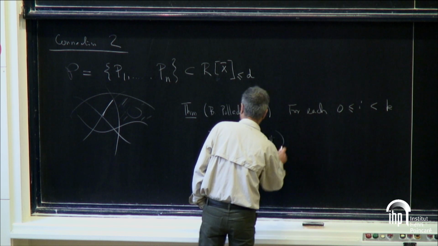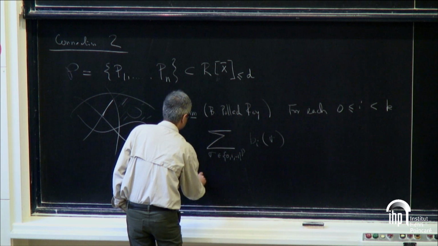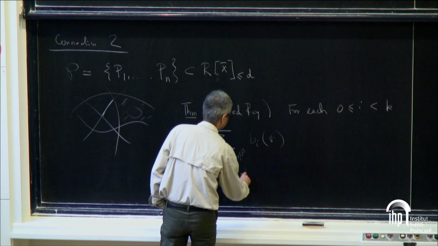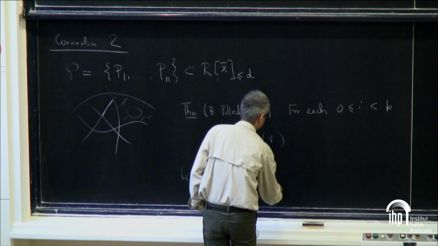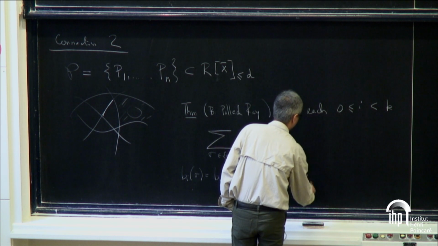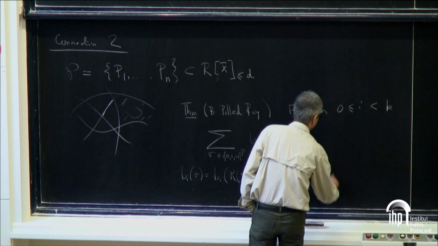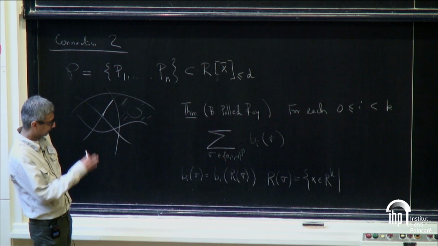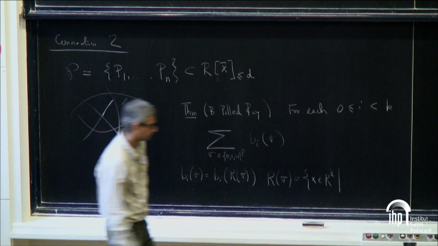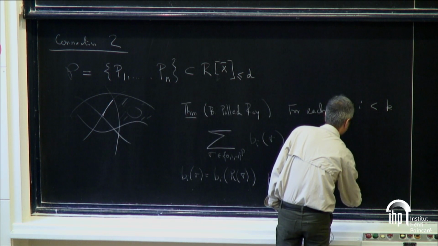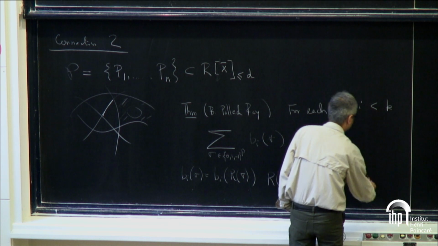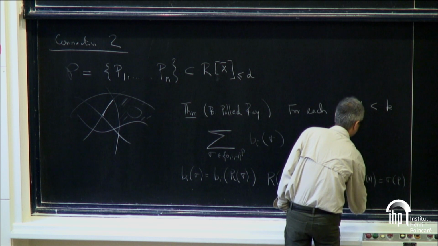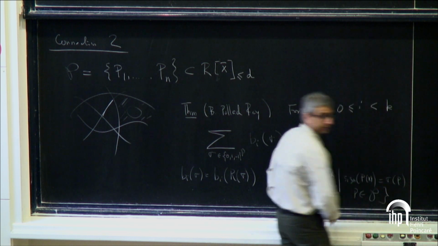So what I mean by b_i of sigma here is that it's the b_i of the basic semi-algebraic set which is the realization of sigma. And the realization of sigma is the set of points in R^k such that the sign of P of x equals sigma of P for all P in the collection.